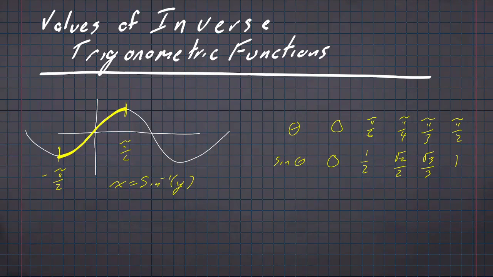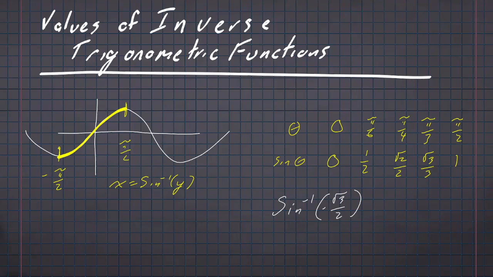Sine of negative pi over 6 is negative 1/2. Sine of negative pi over 4 is negative root 2 over 2. And so because we know those values of sine, we can use the same pattern to calculate an inverse sine. So for example, the inverse sine of negative root 3 over 2.